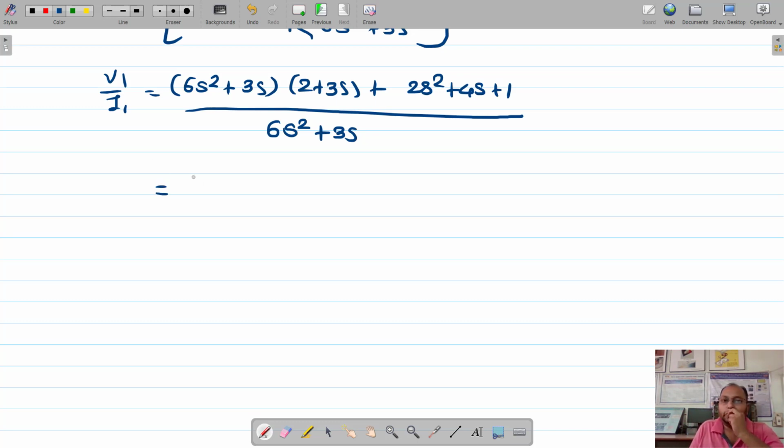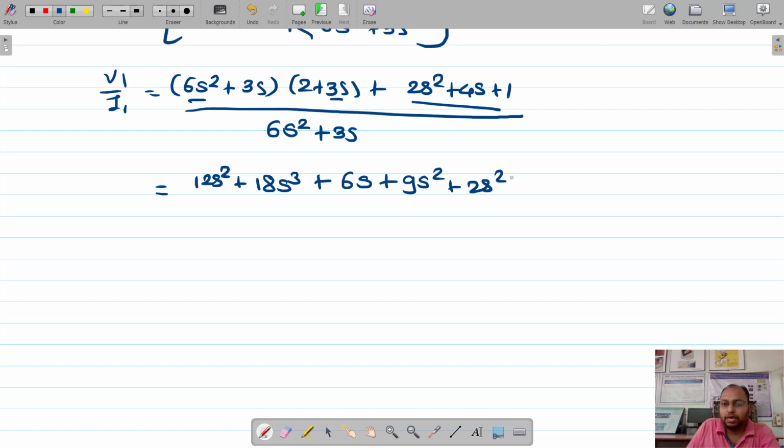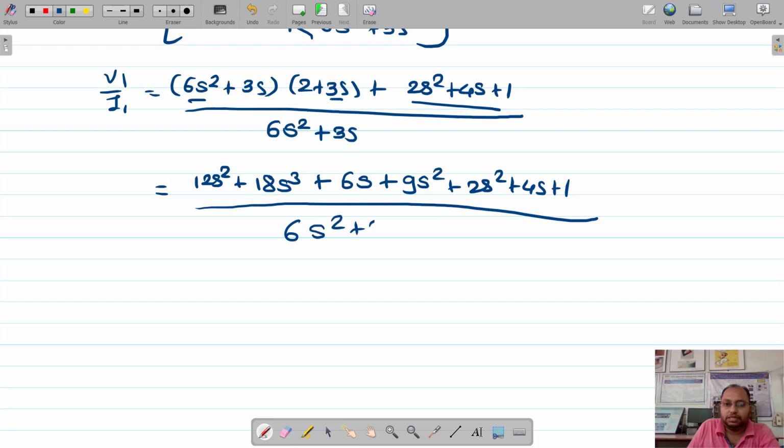So 6s square into 2 is 12s square plus 6s square into 3s, it is going to become 18s cube. Now let us multiply by 3s. So 3s into 2 is 6s, plus 3s into 3s is 9s square, plus the remaining terms 2s square plus 4s plus 1, divided by this term 6s square plus 3s.